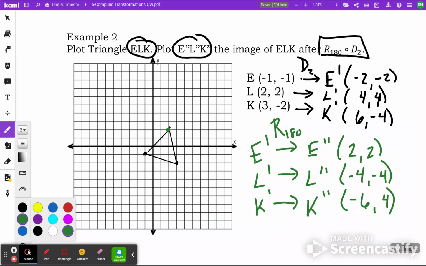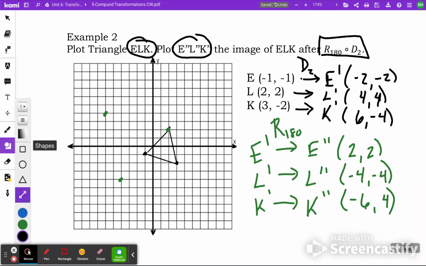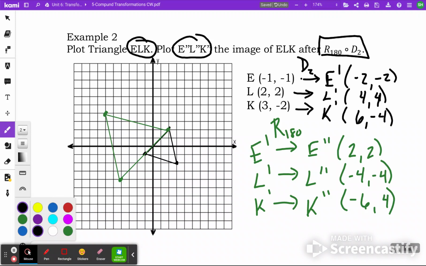I'm going to go to -4, -4. And I'm going to go to -6, +4. And now let's label everything once I get these lines in. So you can see I have a little bit of overlap between my triangles, which is okay. Just carefully labeling it.